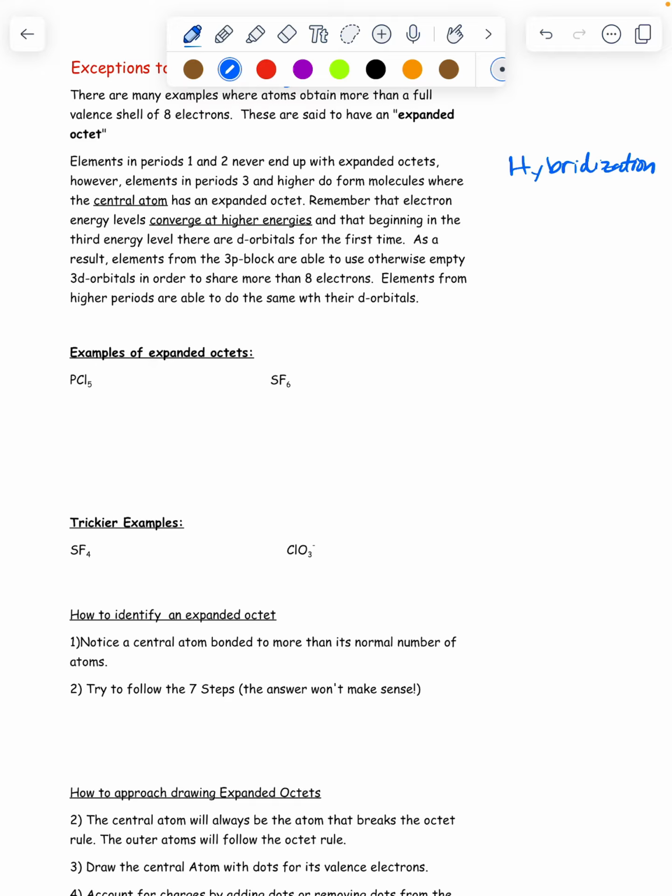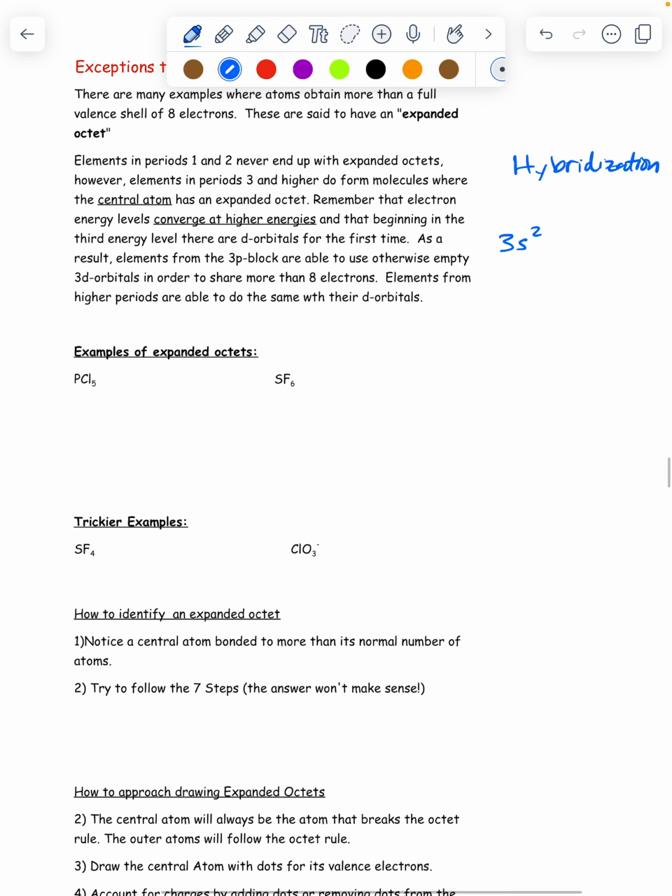So this will only start happening with elements that are in period 3, so the third row of the periodic table, because those elements have a 3s that's generally full. If they're nonmetals, it will be full. And then they've got the 3p level that can have up to 6 electrons in it. And then they've also got a 3d level.